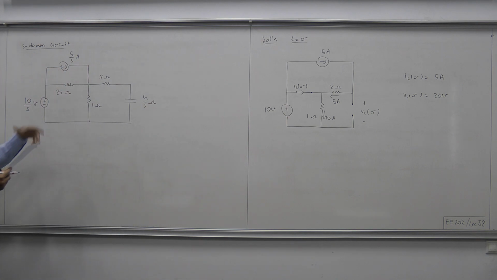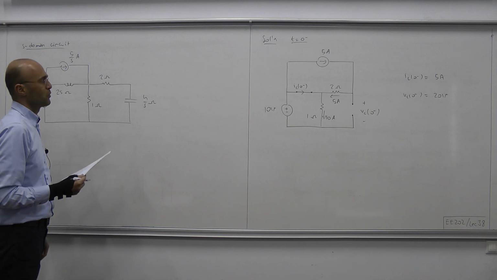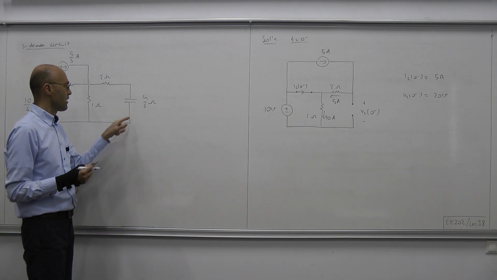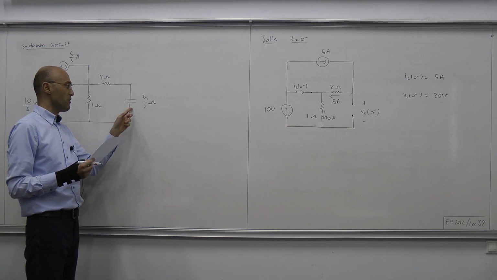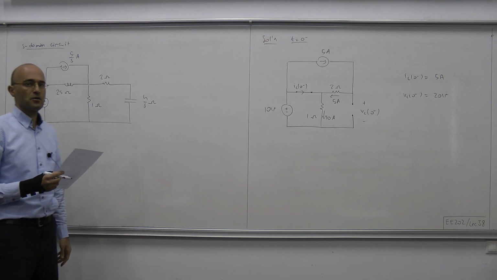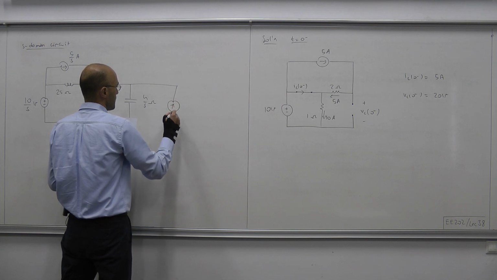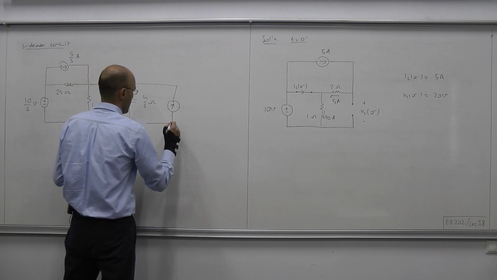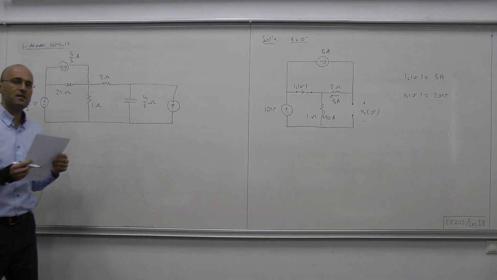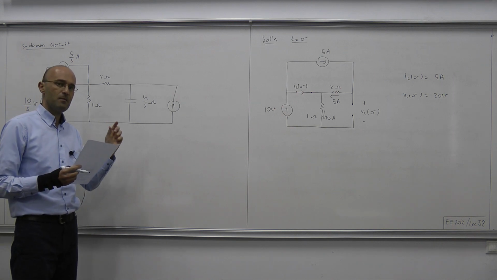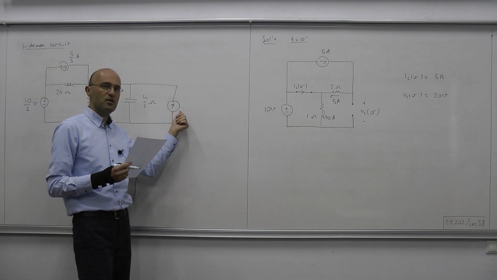And it also has an initial condition. It could either be represented by a voltage source connected in series with this impedance, or a current source connected in parallel with the capacitor, and the current that it produces is C times V0, capacitance times the initial voltage.